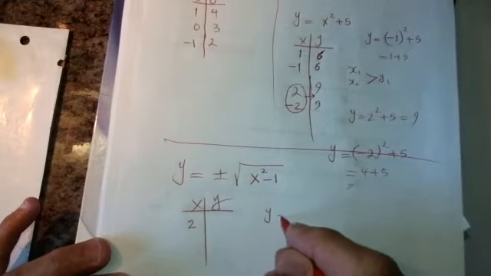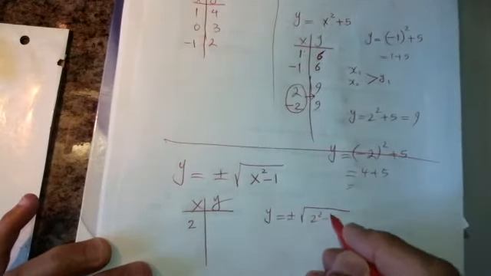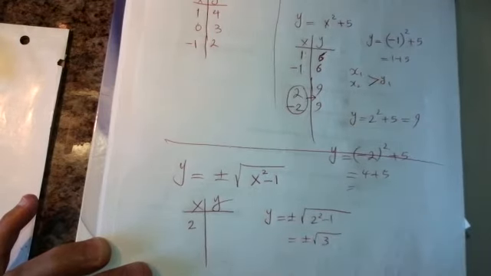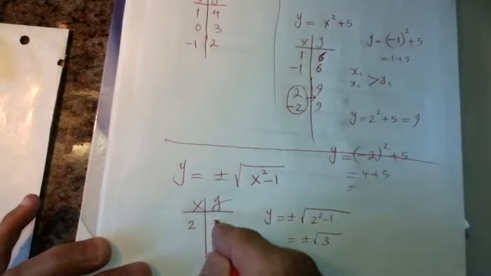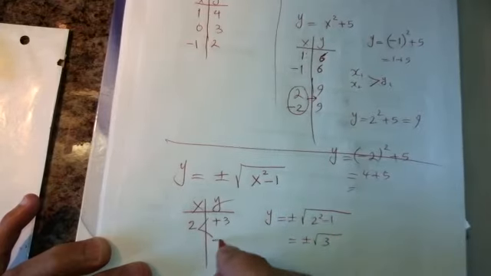You have 2 to power of 2 minus 1, so plus or minus the square root of 3. You have positive radical 3 and minus radical 3.